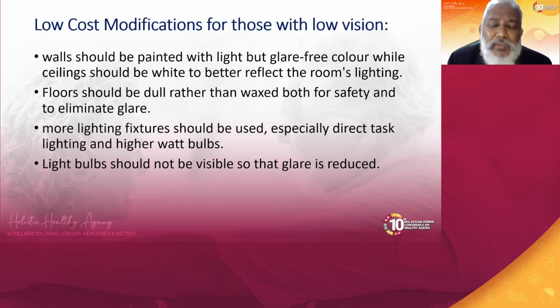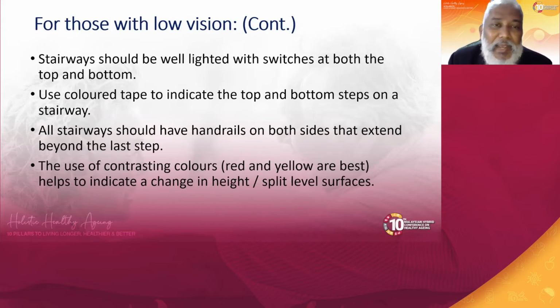More lighting to give a better view, especially direct task lighting when doing reading or other important tasks like kitchen tasks. And the light bulbs, if you're using lights, shouldn't be directly in the eyes.